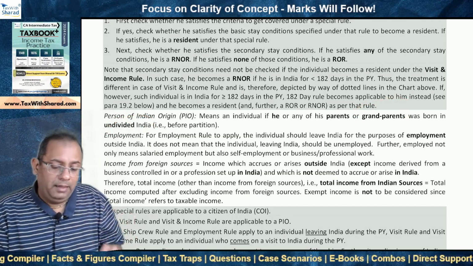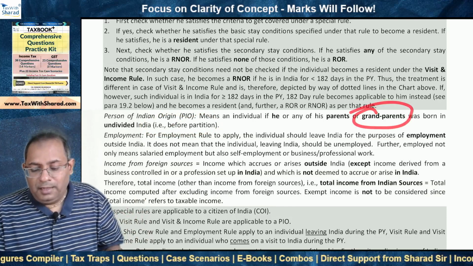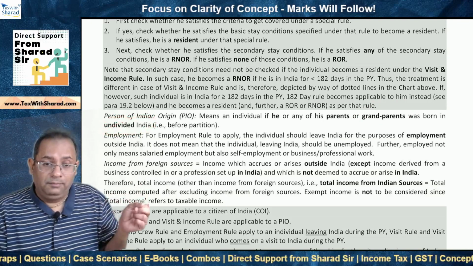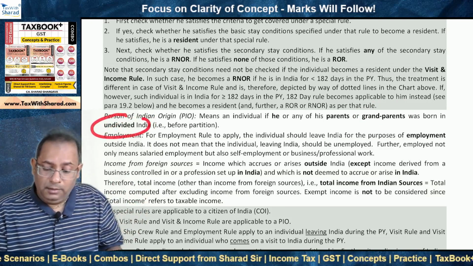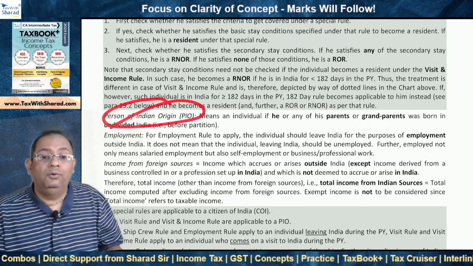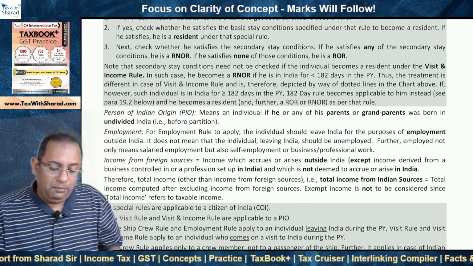What is undivided India? India before partition. So for example, if one of his grandparents was born in Pakistan before partition, that means the grandparent was born in undivided India, so that individual will be a PIO. Okay, visit rule and visit and income rule apply to a PIO as well.